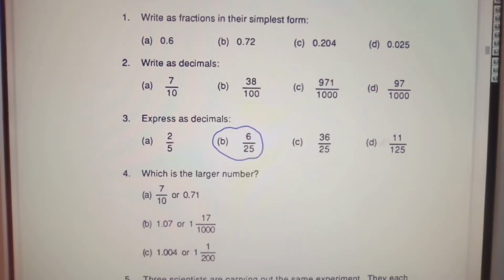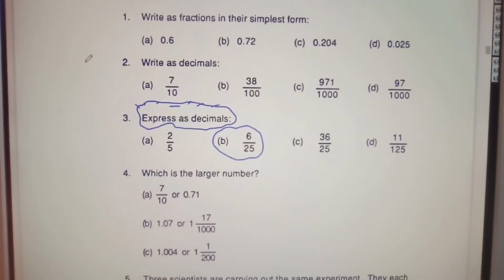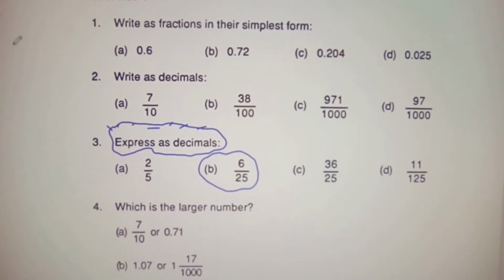We want to be looking at expressing these fractions as decimals. I'm marking that just to attract your eyes to it, so it doesn't confuse you. Hopefully it doesn't in any way. Let's have a look at this now.